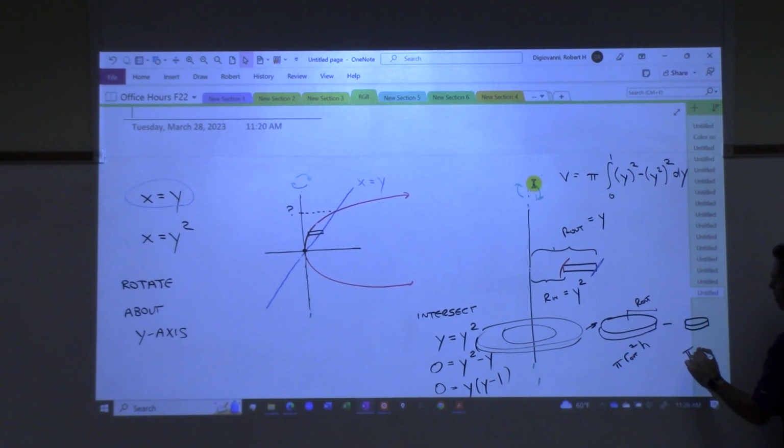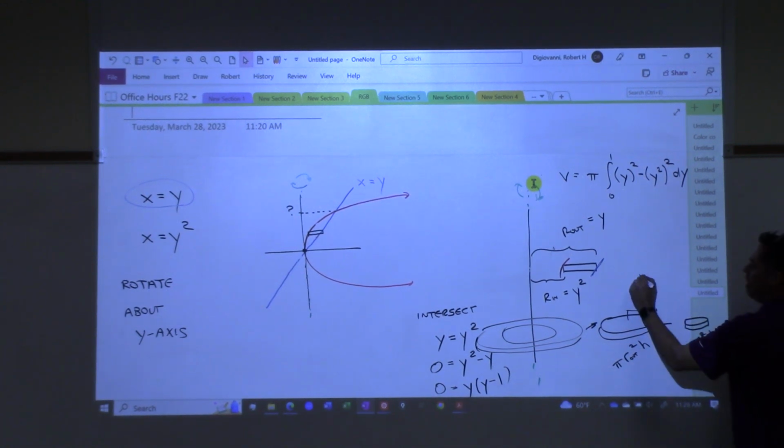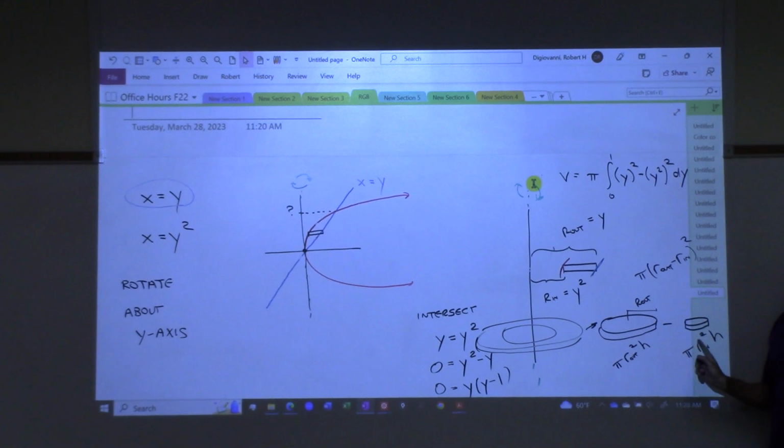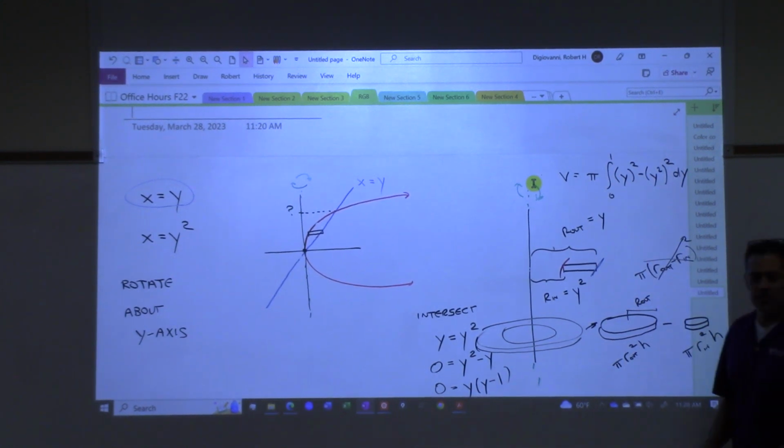This one is pi r in squared h, right? And that's different than pi times r out minus r in, squared. Those are not the same thing, because this you would actually FOIL out and you would get a middle term which is not included in this. Right. Well, it's because you're finding the volume for each of those independently and subtracting, yeah. Yes?